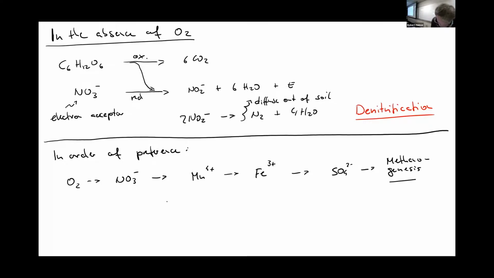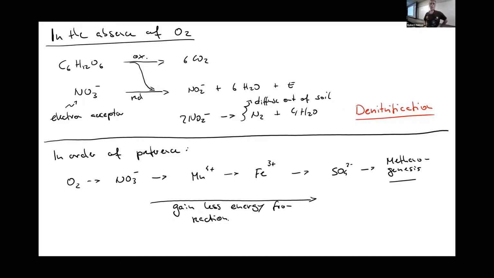And it's an order of preference because as you go from left to right, you gain less energy as an organism. Okay, so it's bad for the organism in that sense.